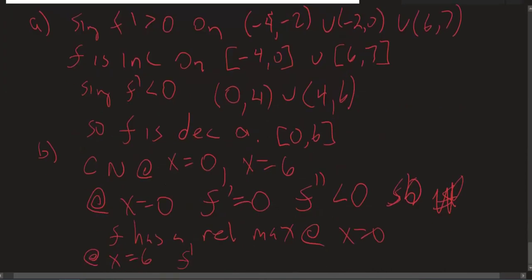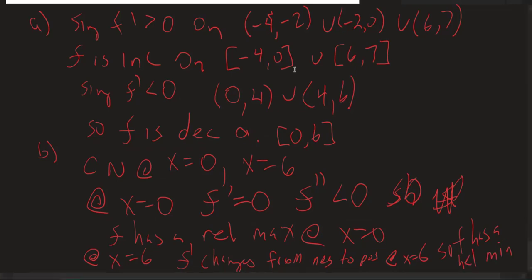So f prime changes from negative to positive at x equals 6. So f has a relative min at x equals 6.